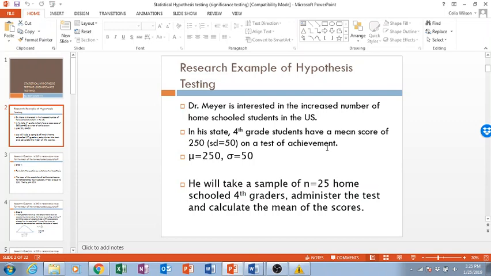So he wants to know if, say, public school students or general fourth grade students have this mean and this standard deviation, how are homeschool students going to compare?